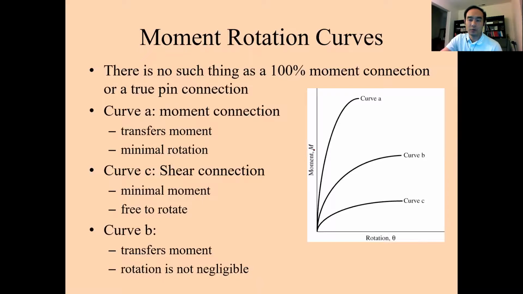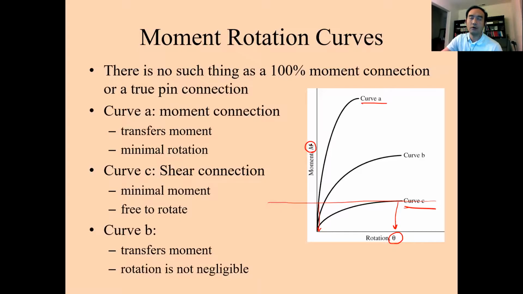So when we look at the relationship between moment and rotation, for example, with a given moment, this curve A will provide a very minimal amount of rotation, while this curve C will provide a lot higher amount of rotation compared to curve A, right?